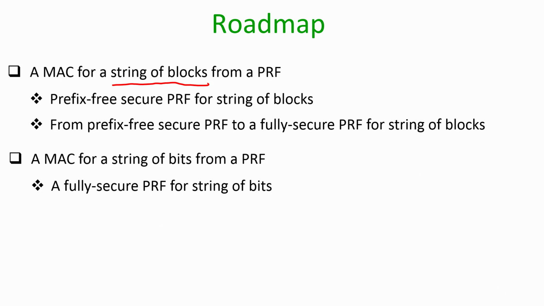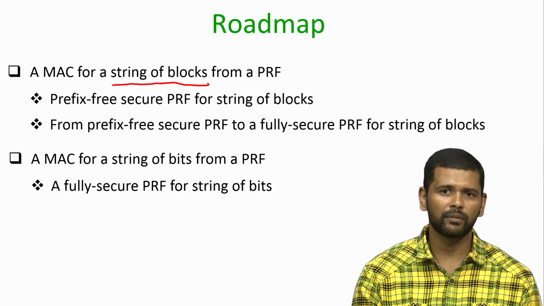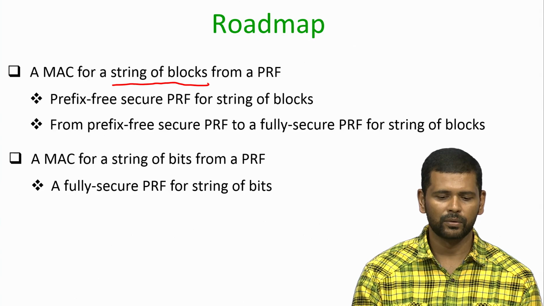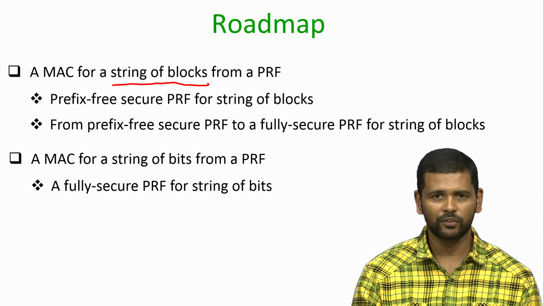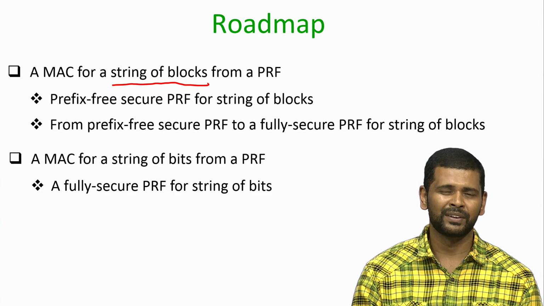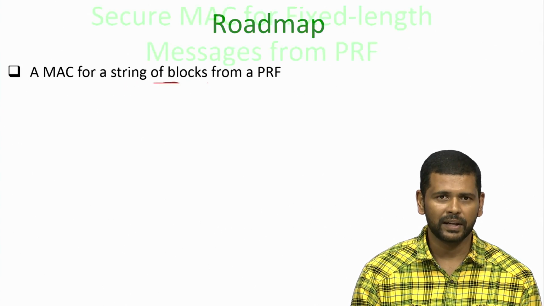We will first see how to construct prefix free secure pseudo random functions for string of blocks, and then we will see how to convert any prefix free secure pseudo random function for string of blocks to a fully secure PRF for string of blocks. And once we have a fully secure PRF for string of blocks, we will see how to construct pseudo random functions for arbitrary length input, namely arbitrary bit strings, which will eventually give us message authentication code for arbitrary bit strings. So, that is the plan for this lecture.